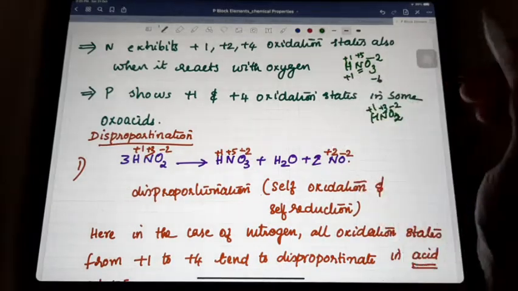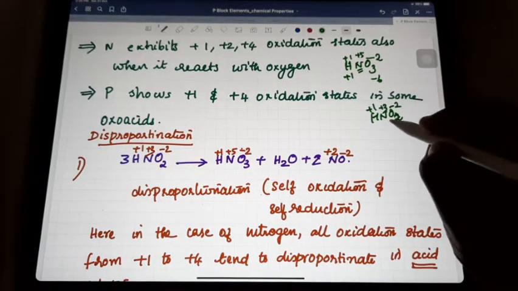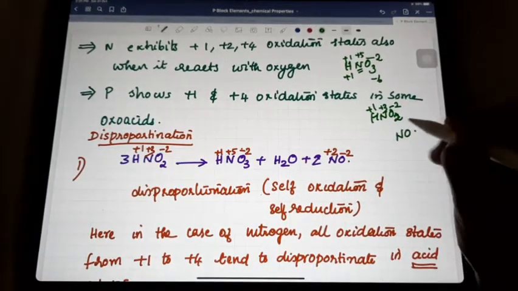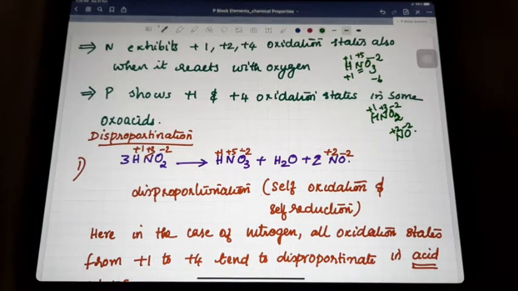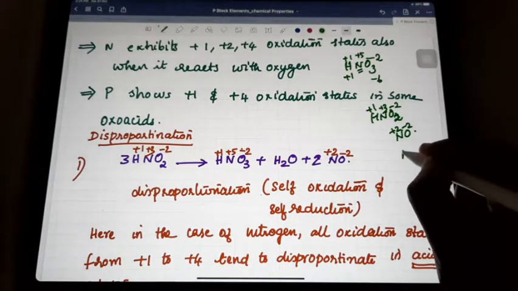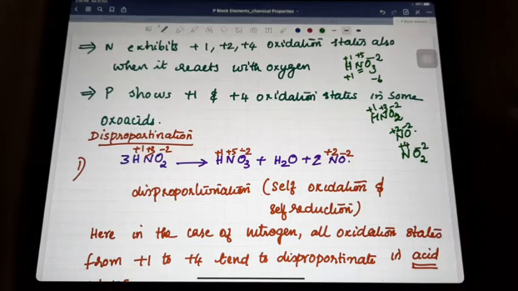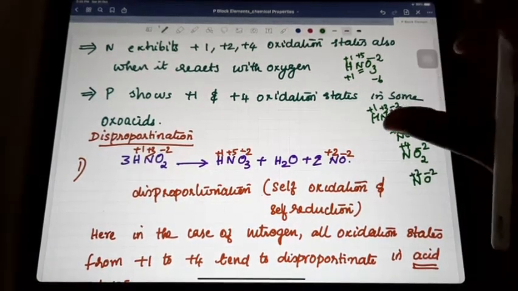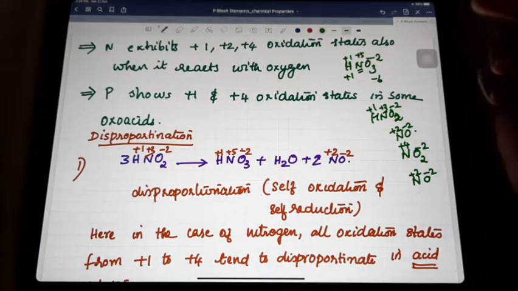So nitrogen shows +5 and +3 oxidation states. In the case of NO, here -2, so here +2, so nitrogen can exist in the +2 oxidation state. And another example, NO2, here -2, here +4. So from different examples you understood that nitrogen can exist in different oxidation states. Clear? Phosphorus is also like that.